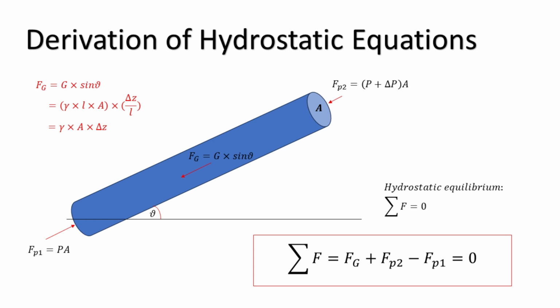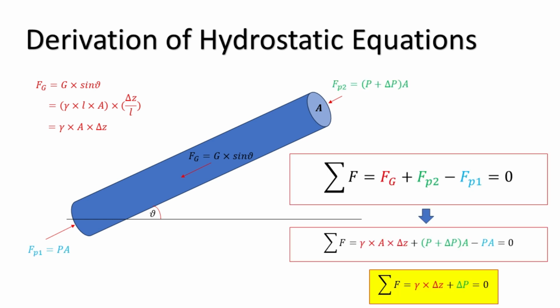Now let's assume hydrostatic equilibrium along the central line coordinate direction. At hydrostatic equilibrium, there is a balance between external forces like gravitational force and pressure force. Hence, the summation of all these three forces is zero.